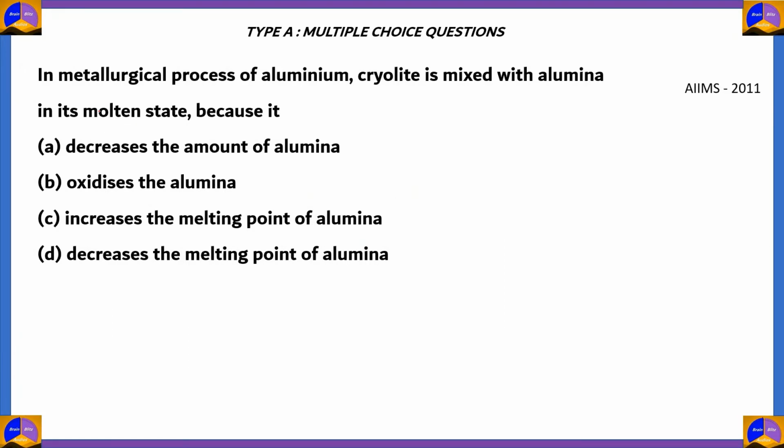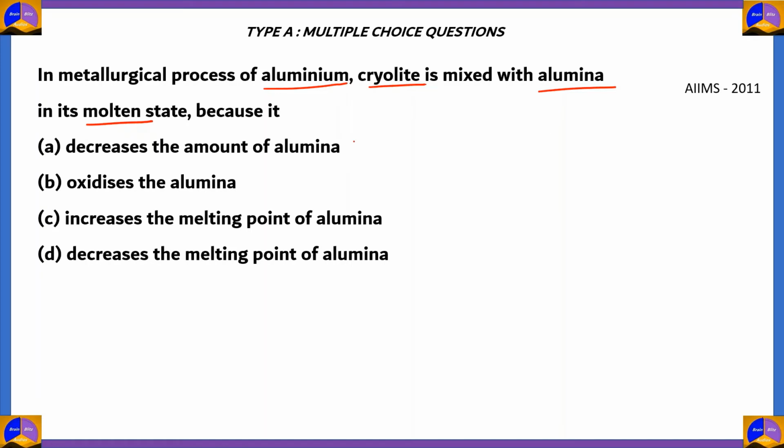Now, in this question, in the metallurgical process of aluminum, cryolite is mixed with alumina in its molten state because it decreases the amount of alumina, oxidizes the alumina, increases the melting point of alumina, or decreases the melting point of alumina. So let's look at each of our options.